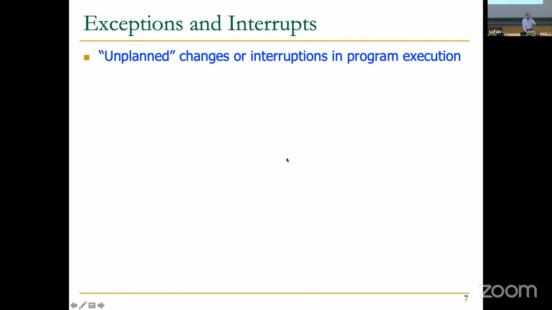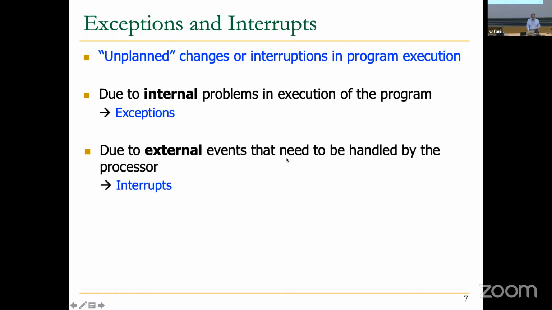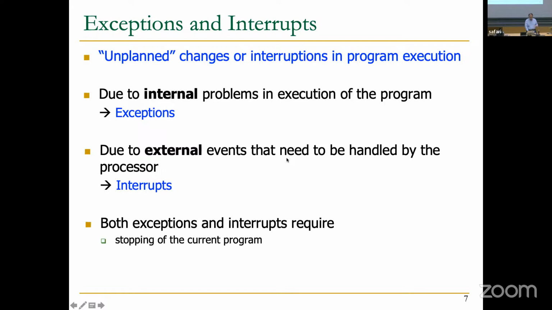Okay, but before that, let's quickly talk about exceptions and interrupts. Exceptions and interrupts are unplanned changes or interruptions in program execution. It can be due to internal problems in the execution of the program, which we call exceptions, or due to external events that need to be handled by the processor, which we call interrupts.